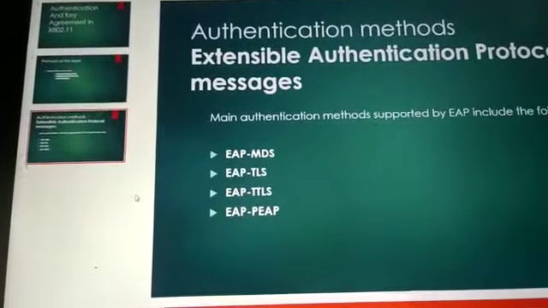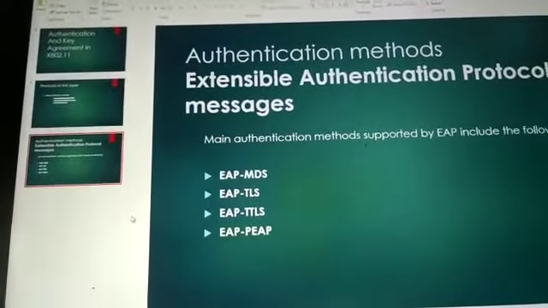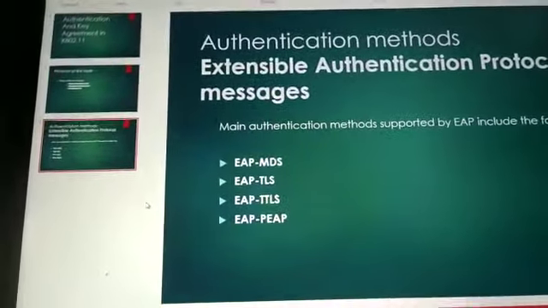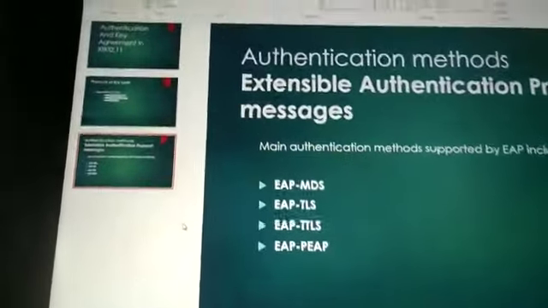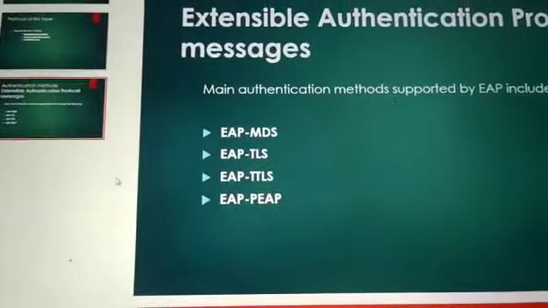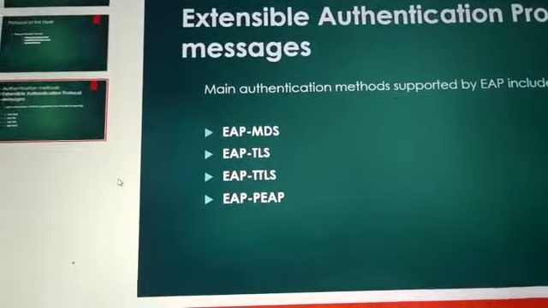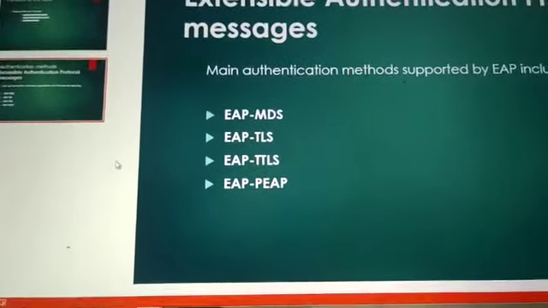Next, coming to the next one, that is EAP TTLS, that is Tunneled TLS. It is an extended version of the previous one. Okay, Tunneled TLS means what? Here, what was the drawback in the previous one?